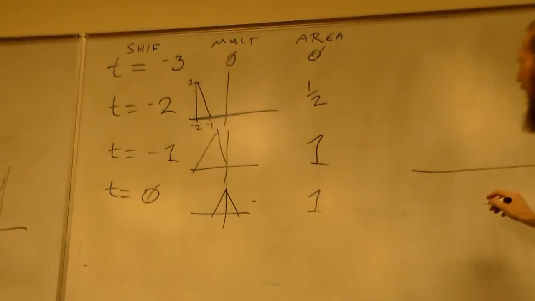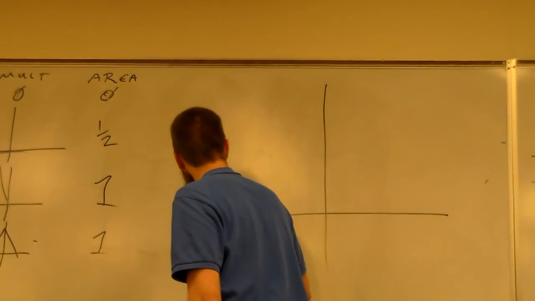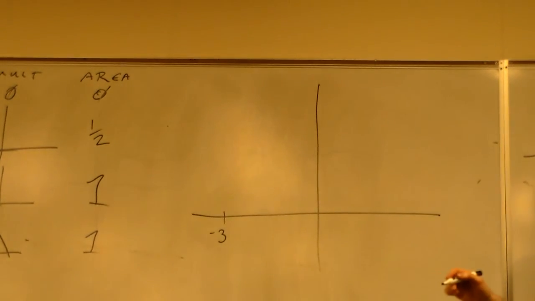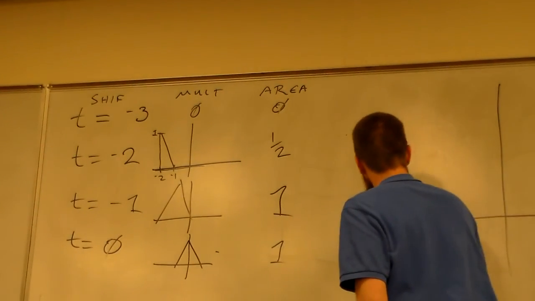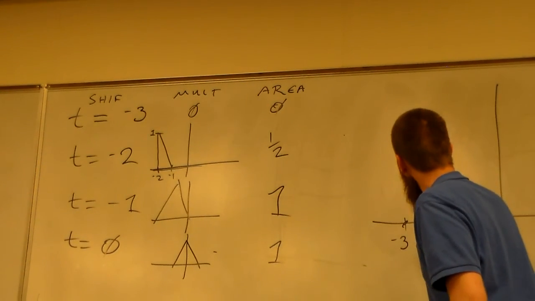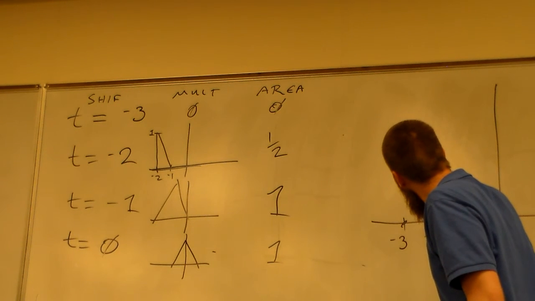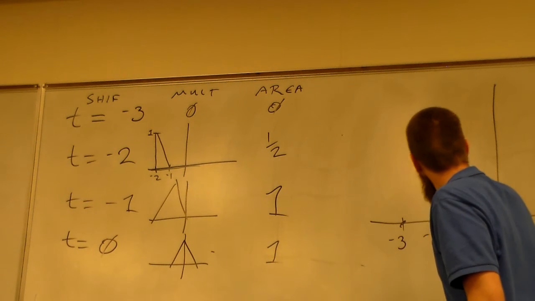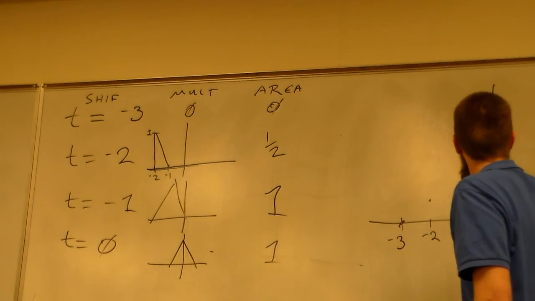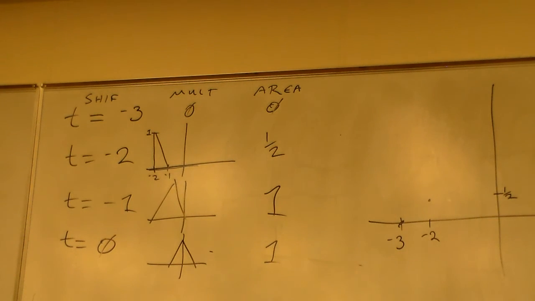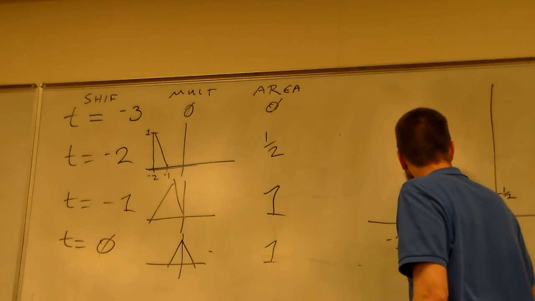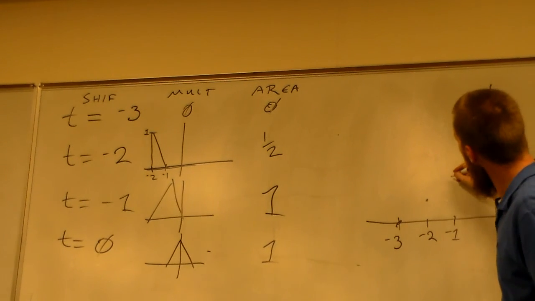So at t equal to -3, what's the value? 0. t equal to -2, what's the value? 1/2. I'm going to draw this dramatically out of scale. t equal to -1, what's the value? 1.